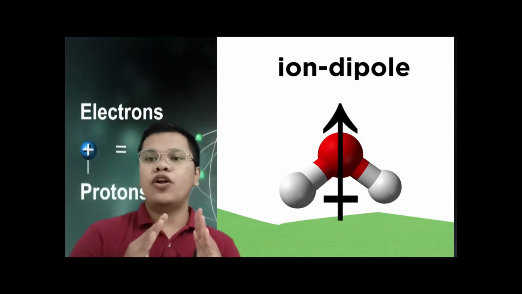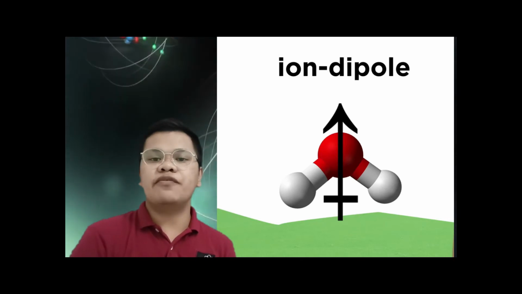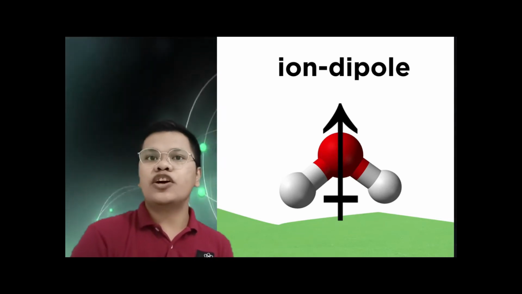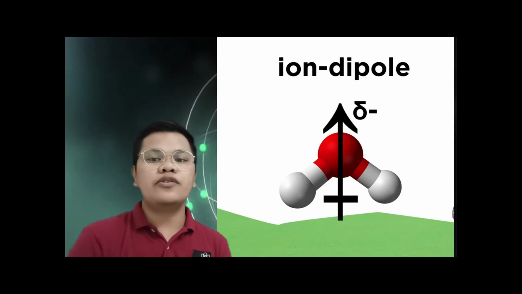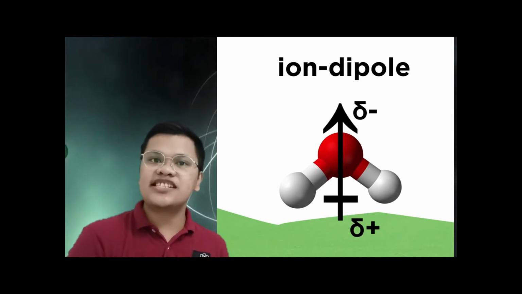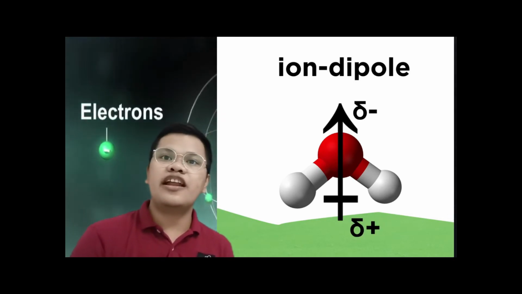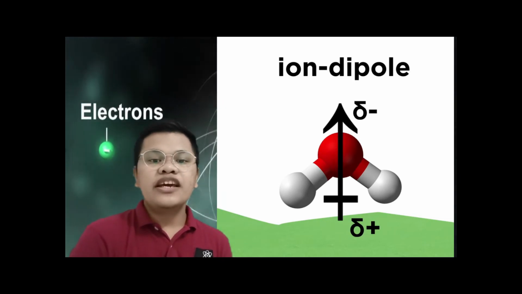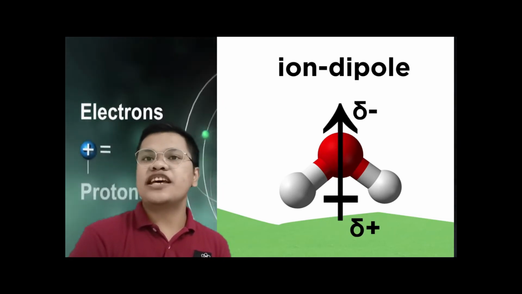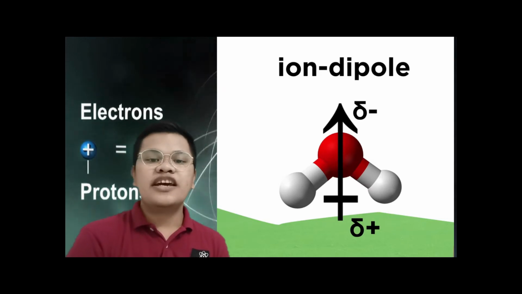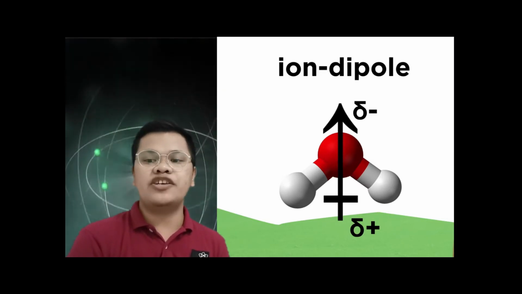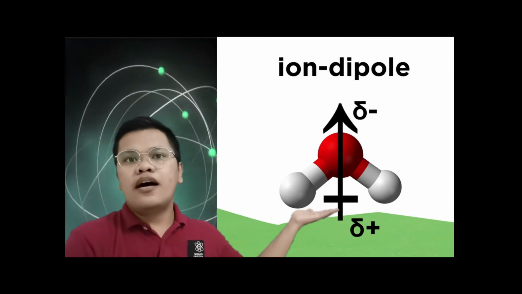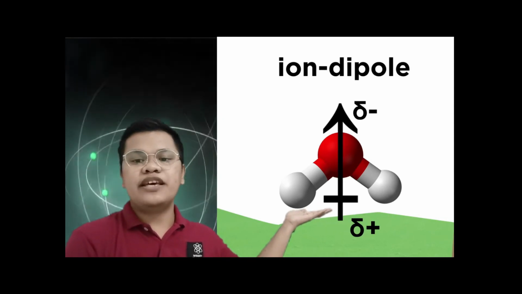Because of the bent shape of the molecule, when we combine these vectors, we can see that water has an overall dipole, or a side of the molecule with some excess electrons and another side with electron deficiency.